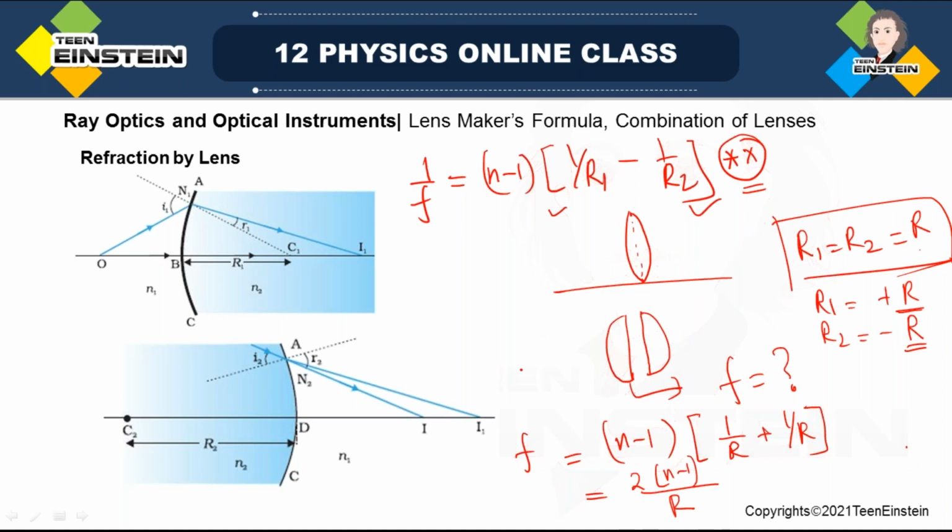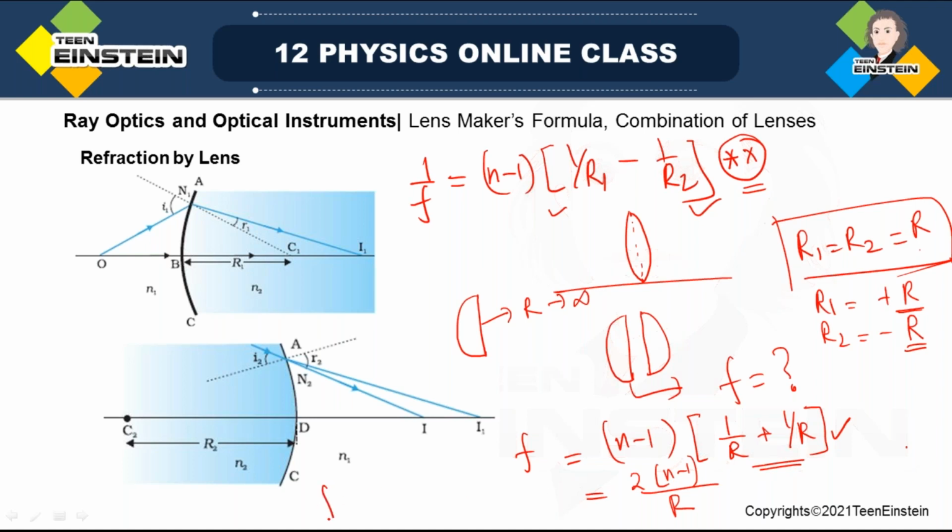Now see what happens if we cut it. We'll get a plano-convex lens, that means one plane surface having radius of curvature tending to infinity, and another having radius of curvature R. Let us see what we get in this formula.